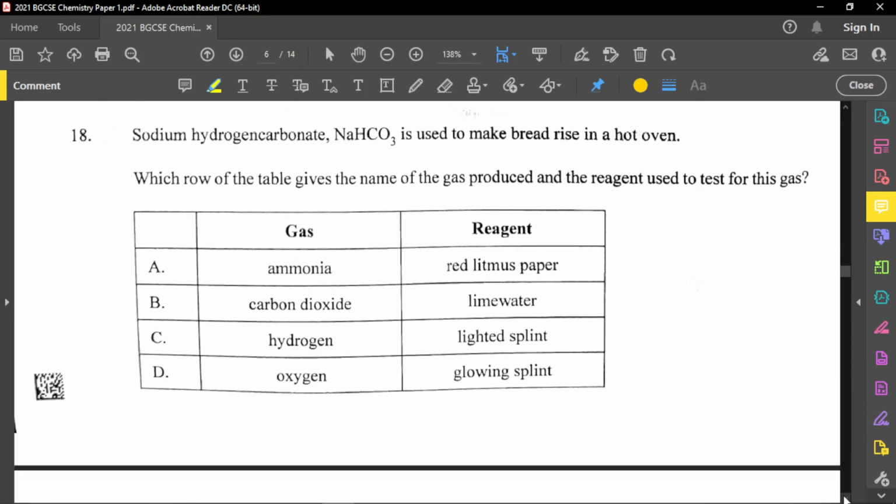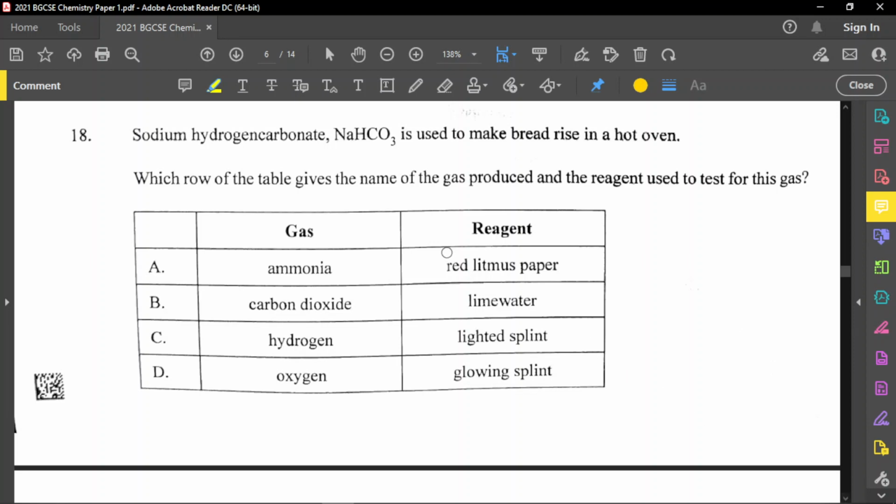Now for 18, it's sodium hydrogen carbonate, which is baking soda, used to make bread rise in a hot oven. It said which row of the table gives the name of the gas produced and the reagent used to test for this gas. We know that what makes bread rise is carbon dioxide. So baking soda will produce carbon dioxide.